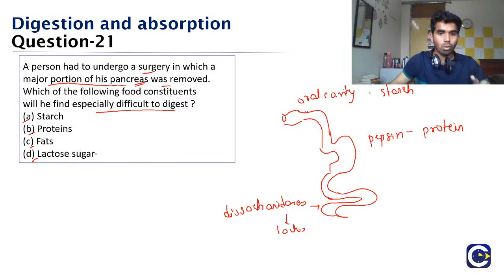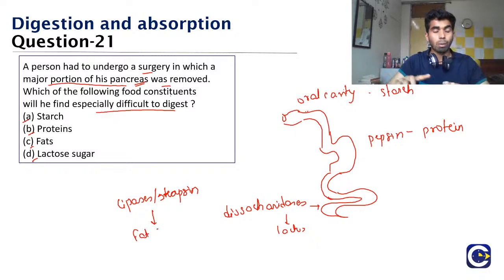So only one thing that is present in the pancreas, that is known as lipases or the trypsin. It digests the fat. And hence if the pancreas is removed completely, the fats will not be digested at all, and that is why the correct answer here would be answer C.